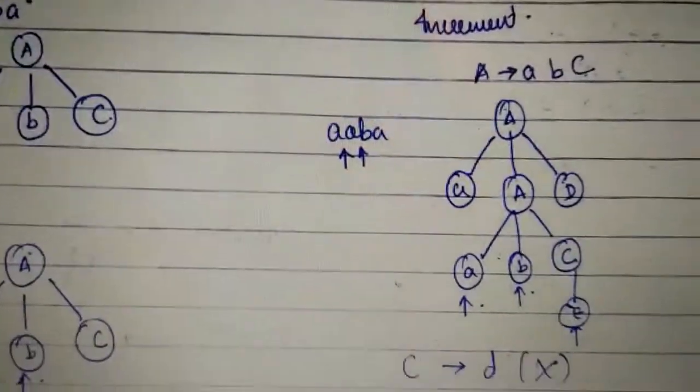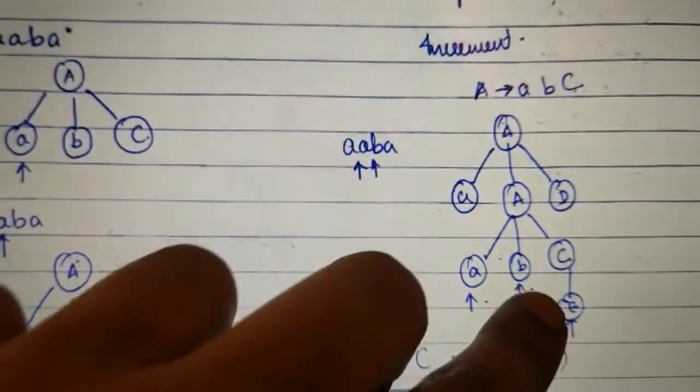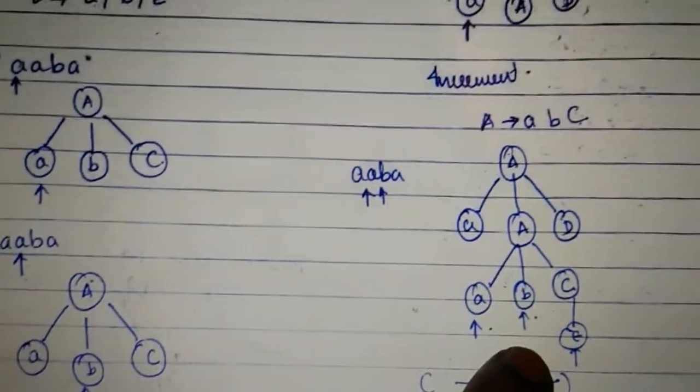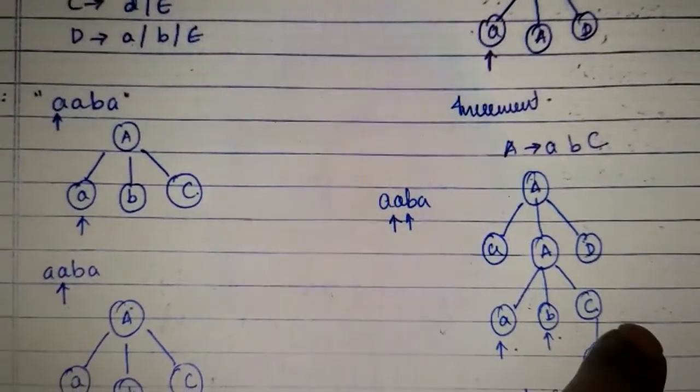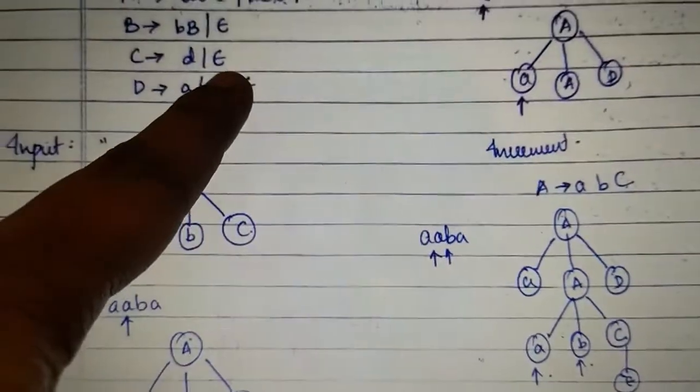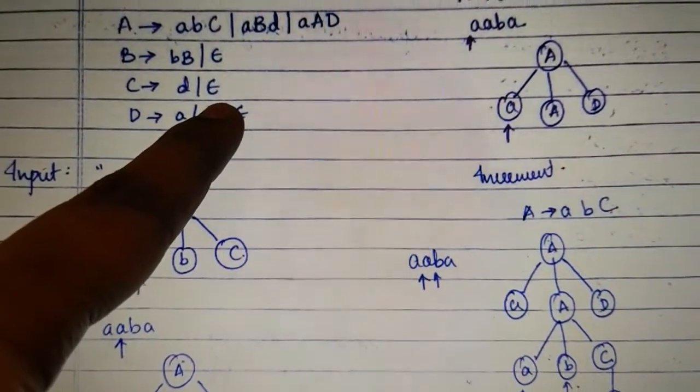If I replace this C with D, the input is not matched, so I will backtrack to C. I will instead replace it with epsilon.